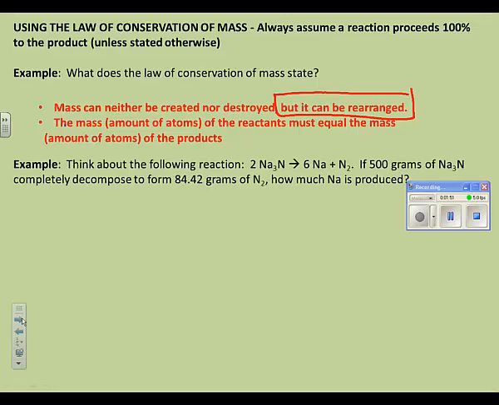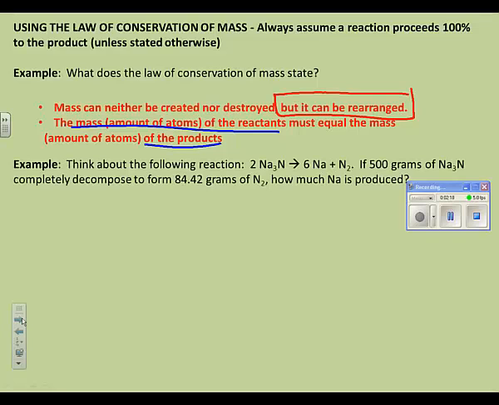Now, a lot of people seem to take this for granted. We'll give you a very simple question like the next one, and they think they've got to do some real hardcore stoichiometry and some real difficult dimensional analysis, when really it's just a basic algebra math problem. So if we do it like this, in the example problem, 2 sodium nitrides yields, or decomposes into, 6 sodiums and 1 diatomic nitrogen.